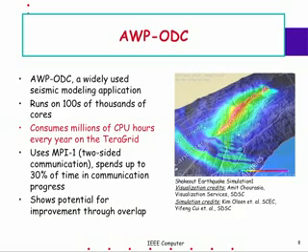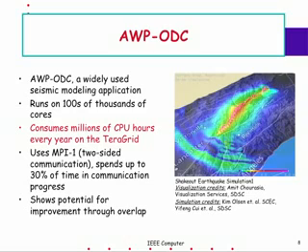So just to give you a broad overview of this application, AWP-ODC is a widely used seismic modeling application, and it actually runs on hundreds of thousands of cores and consumes millions of CPU hours every year on the TeraGrid. And this is the TeraGrid, which is supported by the US National Science Foundation and consists of all the major supercomputer centers inside the US.